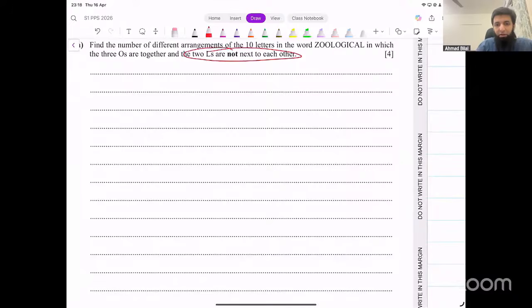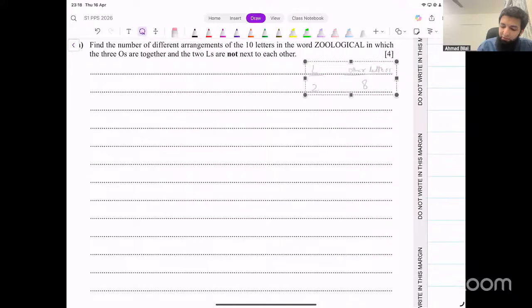So what we can do is, we can say there are 2 L's, and then the rest of the letters, let's call them other letters. Remaining letters that we do not have to separate. How many are they? There are 8 of them.